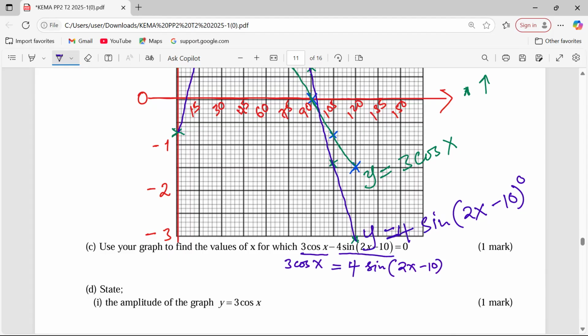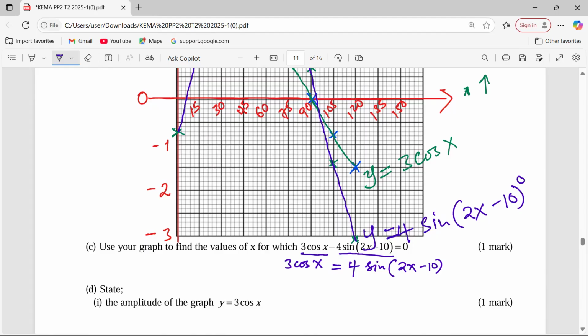Now this means we want to find the values of x where the two curves are equal. And that means the points where the curves are intersecting. So the points where the curves are intersecting can be interpreted very well from this particular curve.